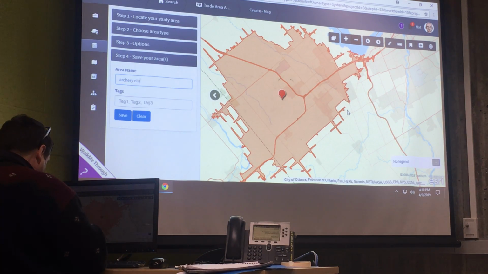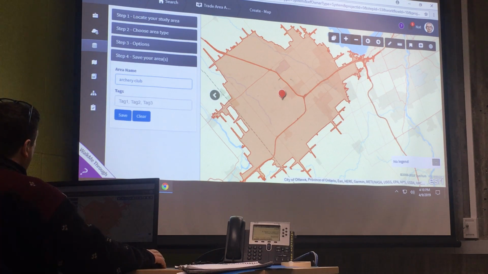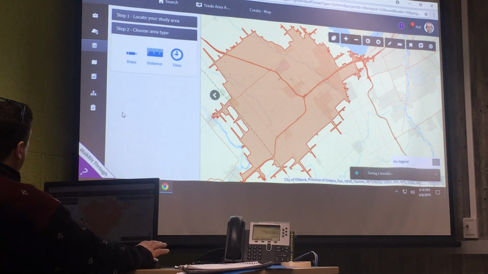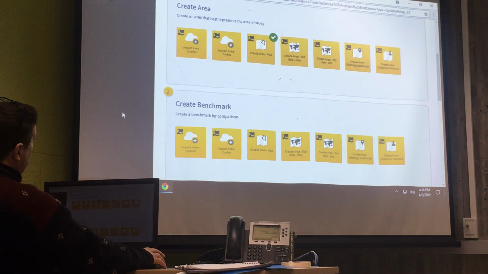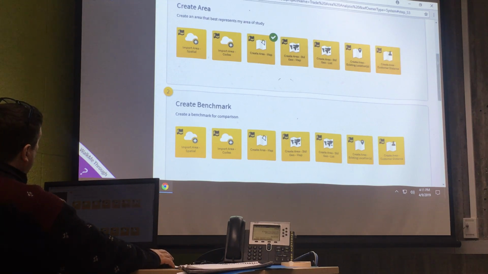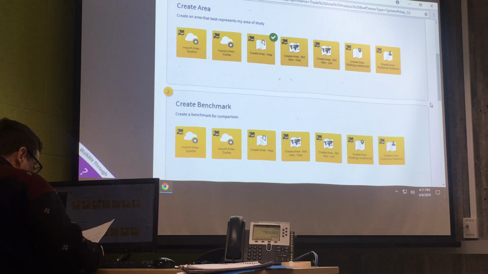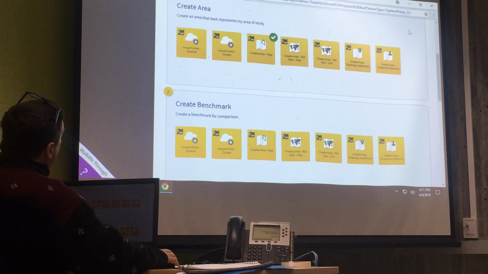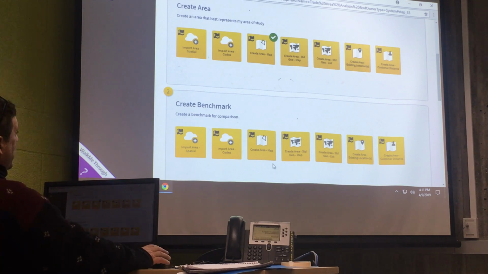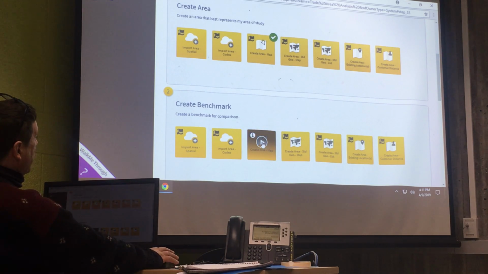Archery Club. And we will save that. Okay, so we now have an archery club. And okay, then the next thing to do is the benchmark. We want to create a benchmark.